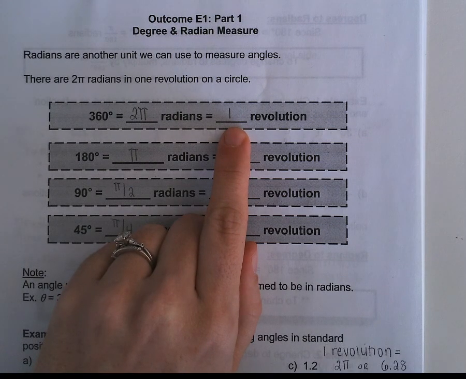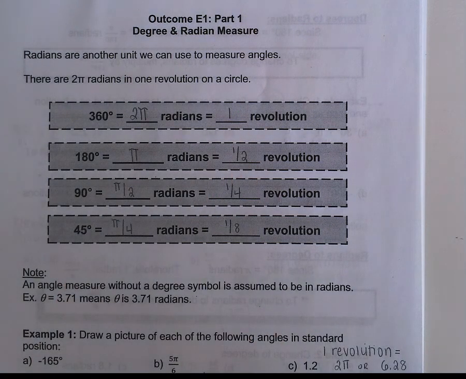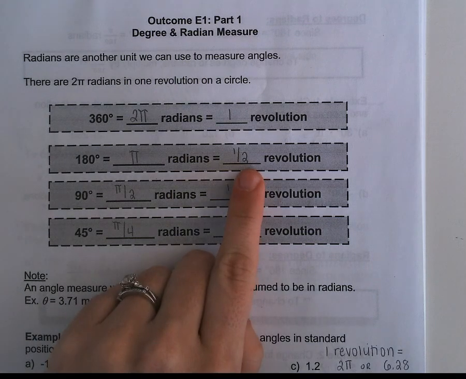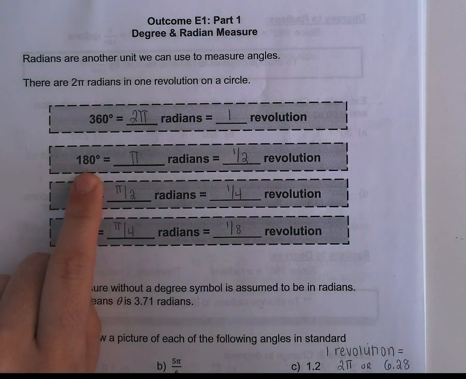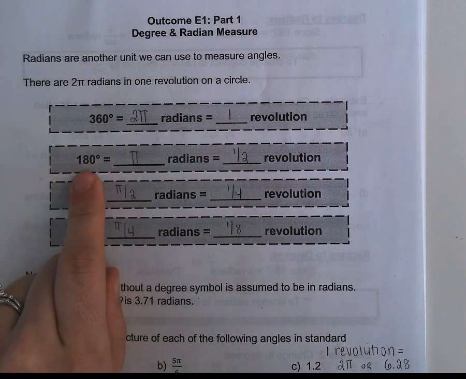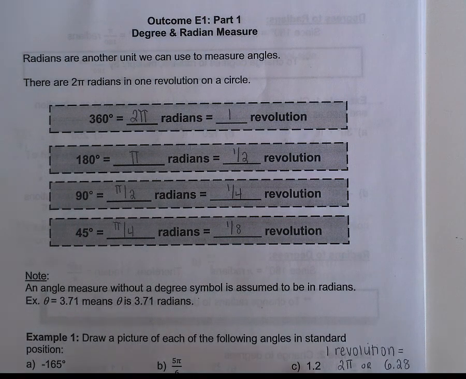We're going to get into talking about the unit circle. 360 degrees is 1 full revolution in a circle, and it's equal to 2 pi, or approximately 6.28. If I do half of a revolution, I know that's 180 degrees. That's equal to pi, which is 3.14. So 3.14 radians is equivalent to 180 degrees, or half a revolution.